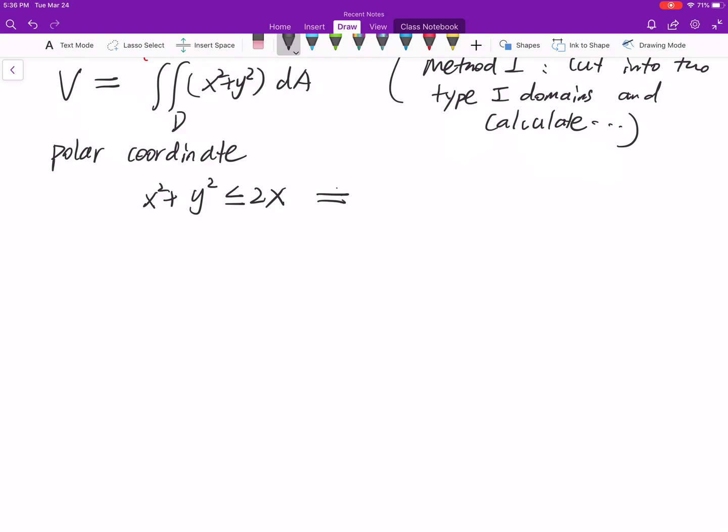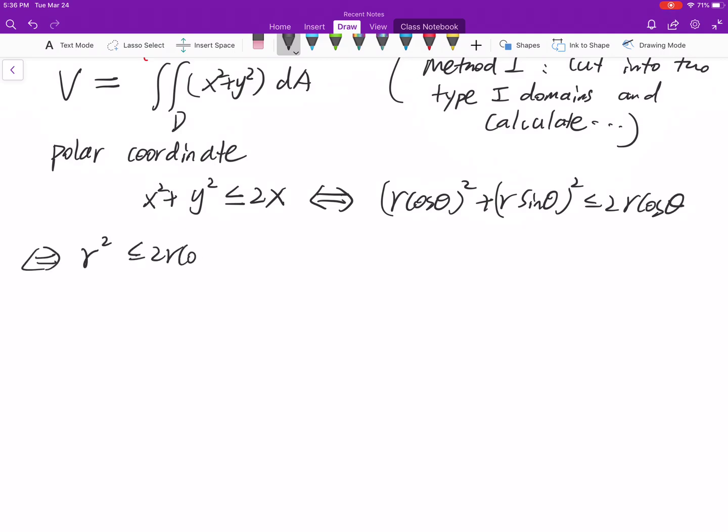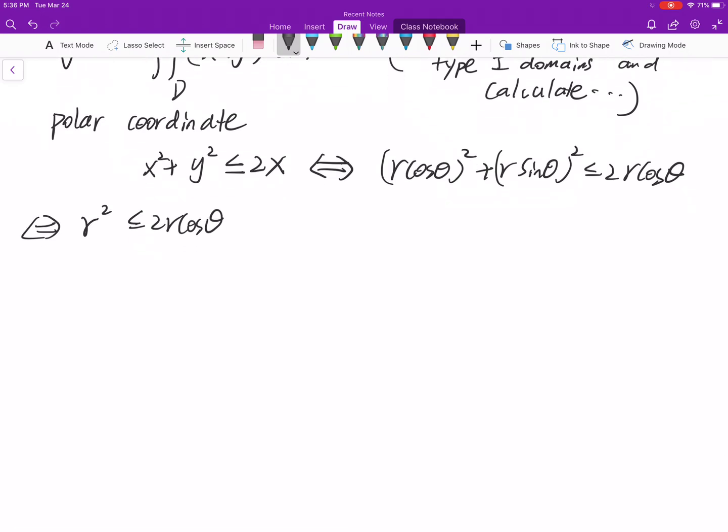Then if you transform to polar coordinates, you have the following equation. Or equivalently, you have this one, the same as r is between 0 and 2 cosine theta.